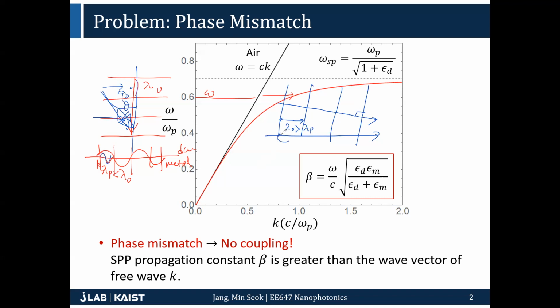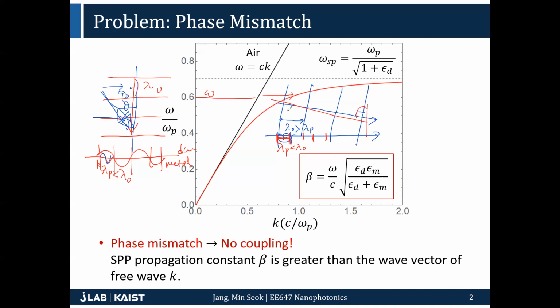What you want is a mode that looks like this, whose lambda p is smaller than lambda 0. So no matter what angle you shine on, there's no way to match the phase of these two modes, right?